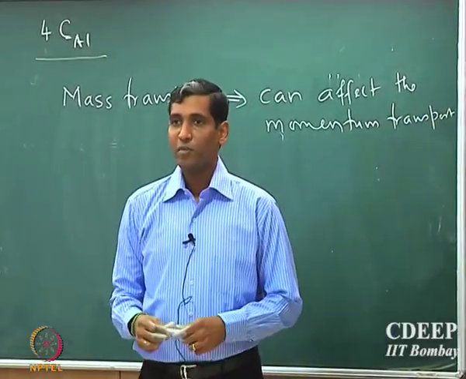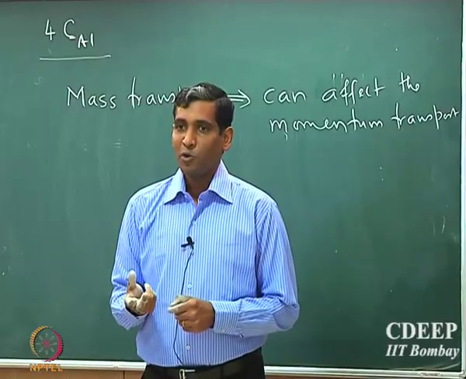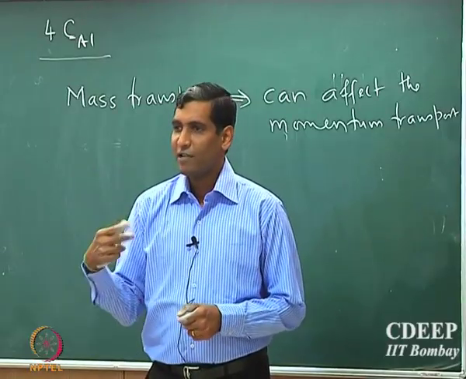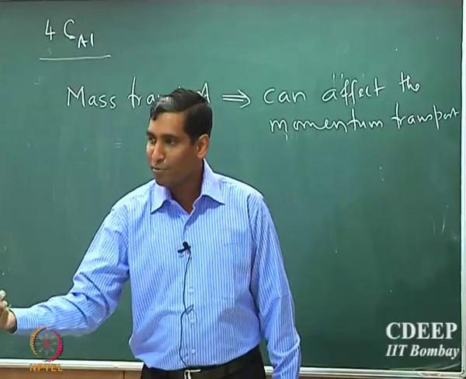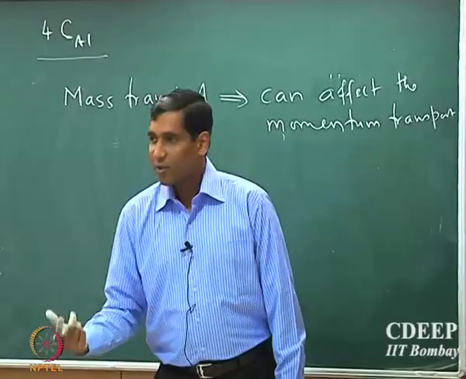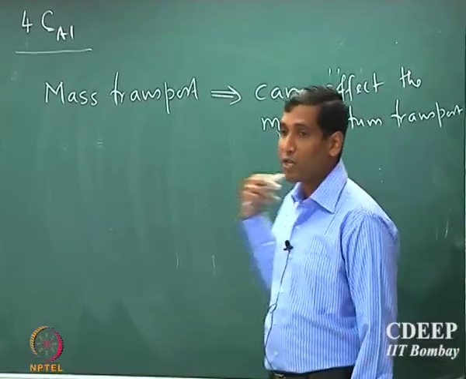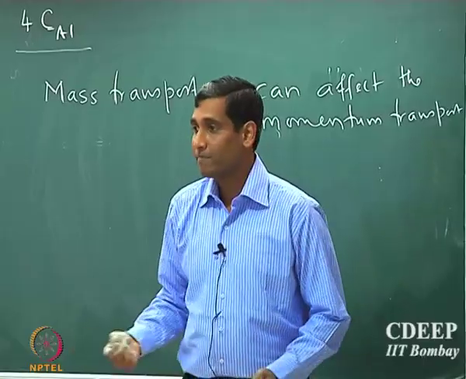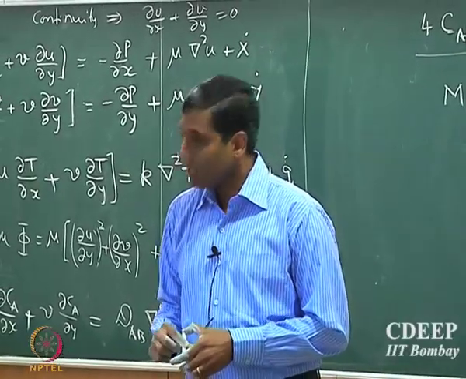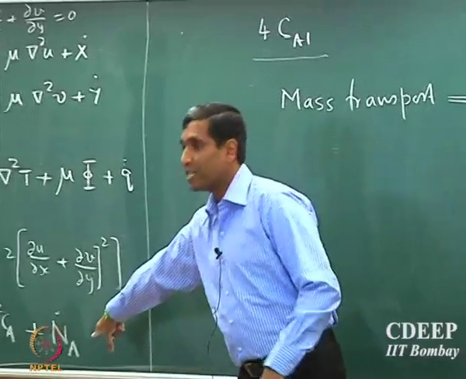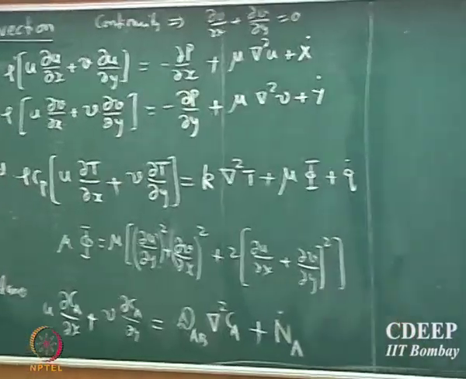In fact, you may recall in your transport course, the flux of mass transport, called J, was defined as the diffusive flux plus the contribution from the convective flux, right? So anytime you have mass transport, in principle it can affect the convection of that species in that direction. Correct. Right. But this one tells you that momentum transport affects the mass balance, mass transport here. So they are of course coupled.